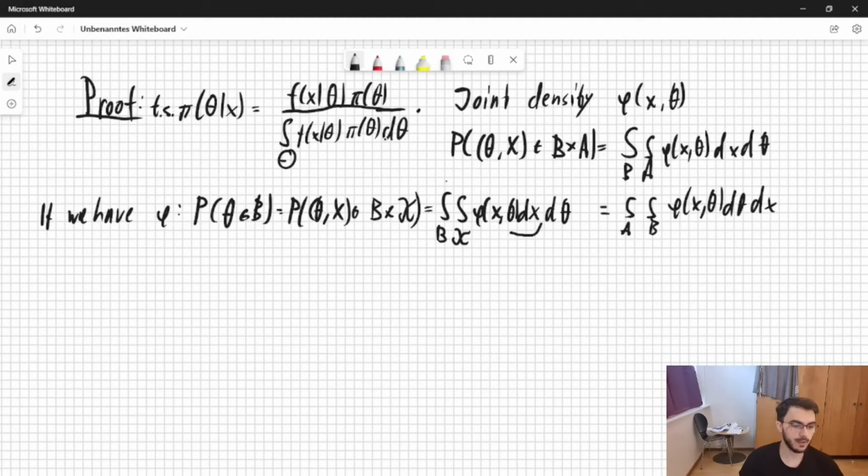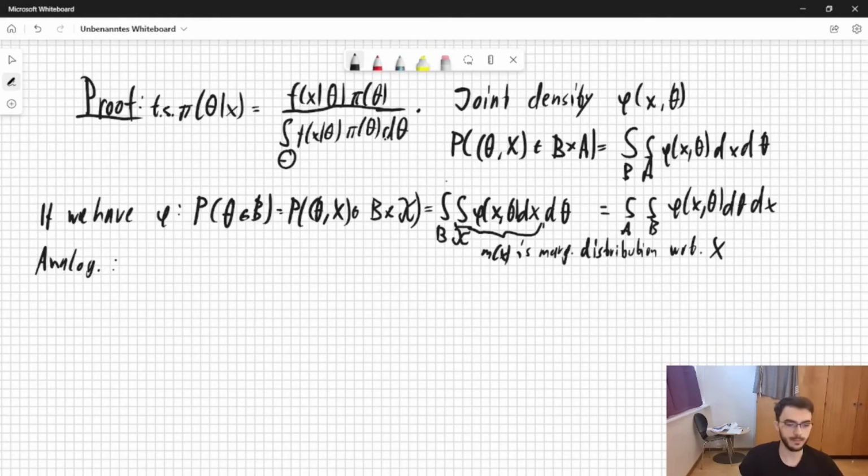So then our marginal distribution, which we can define as m of x, can be derived from the joint, as just this whole integral with respect to x, same way.